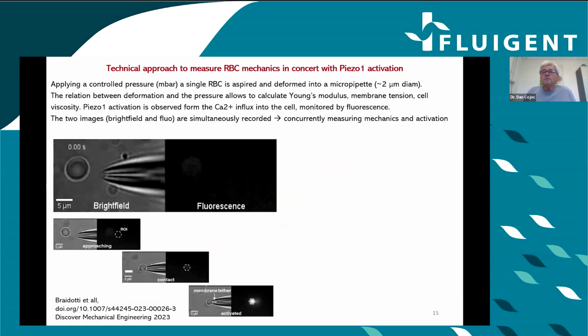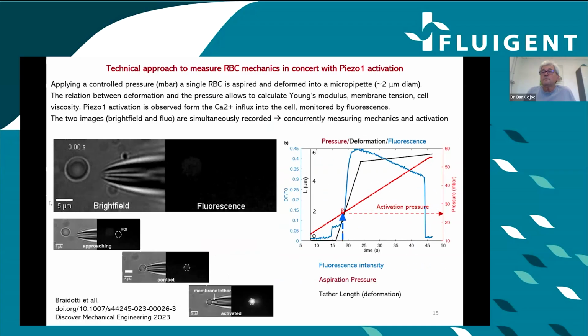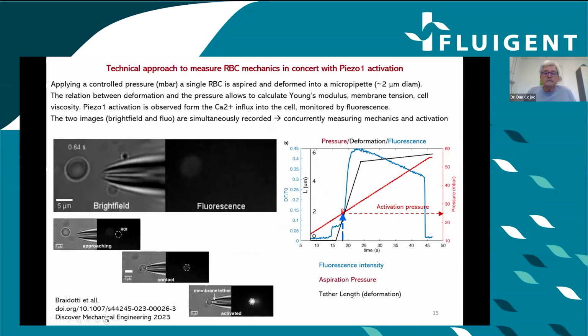Okay, so now the technical approach that we use in this setup is illustrated in this movie. So you see the red blood cell. At the moment you will see that it is attached to the top of the micropipette and then sucked inside. And look at the fluorescence image.